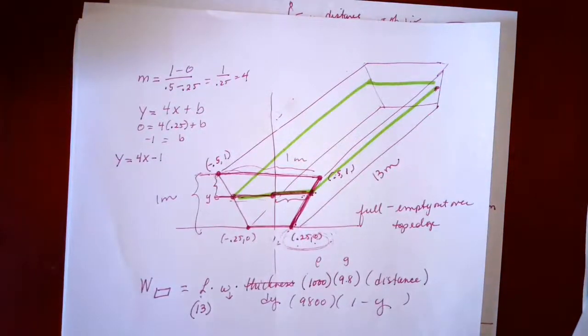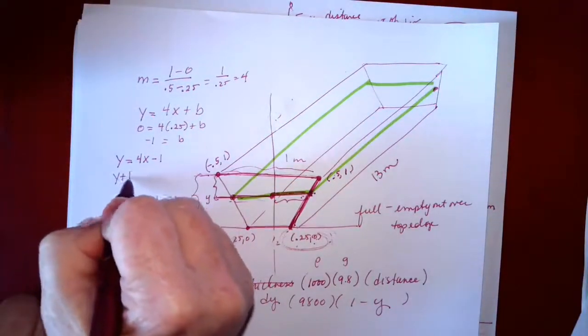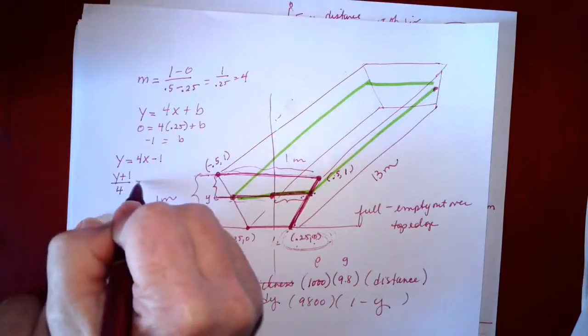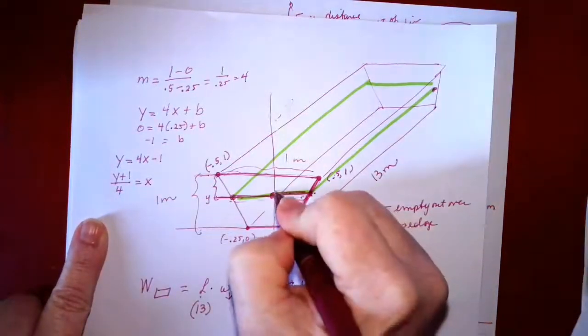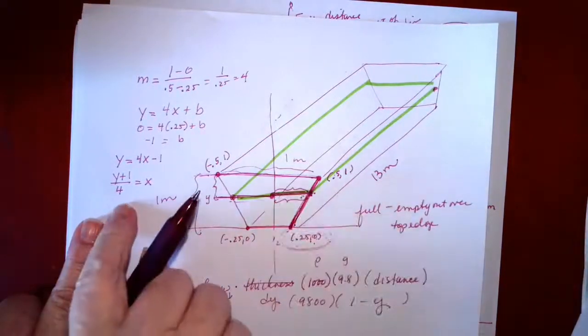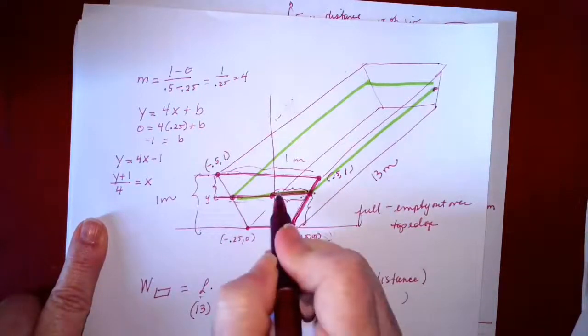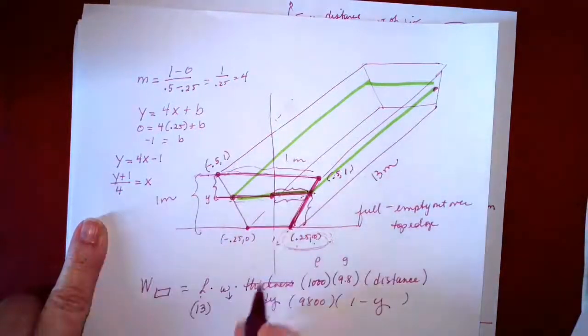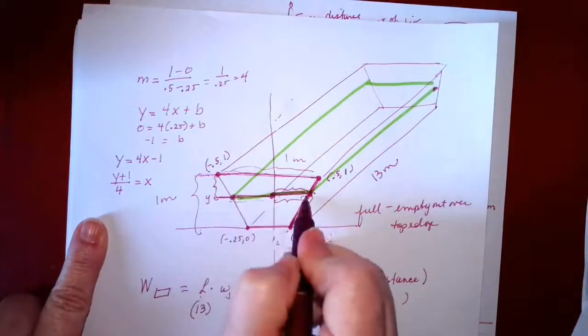But remember, I'm interested in the x value. So that means that (y plus 1) over 4 is equal to x. So this distance right here is (y plus 1) over 4. If this is the y value, then the x value is (y plus 1) over 4, which is 1/2 the width of my cross section.